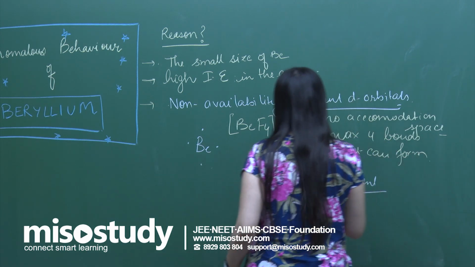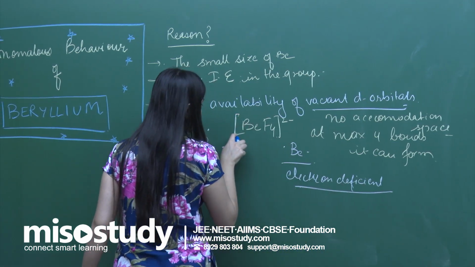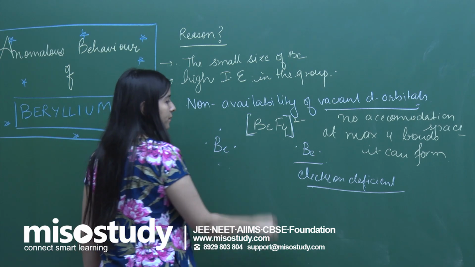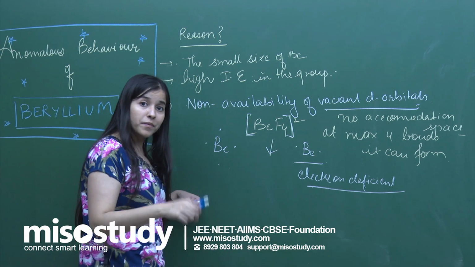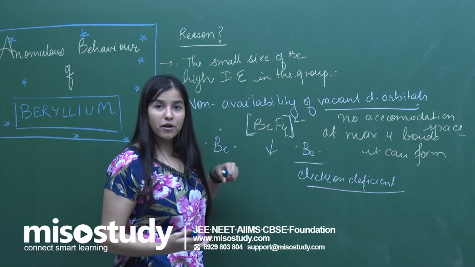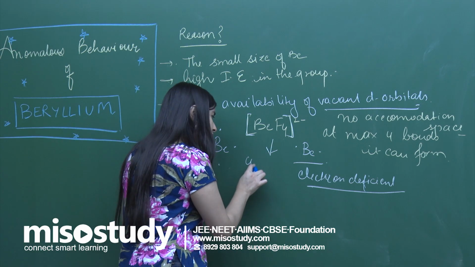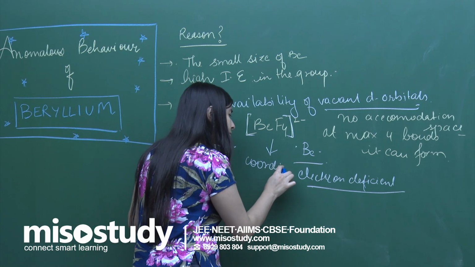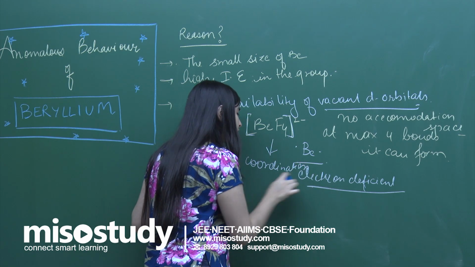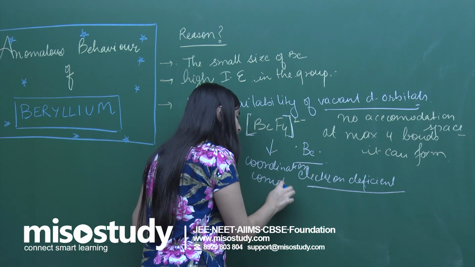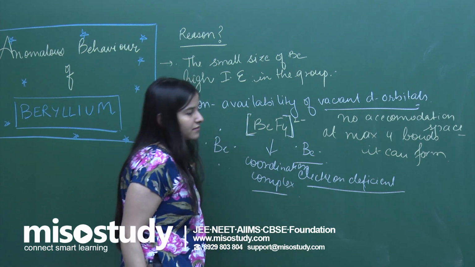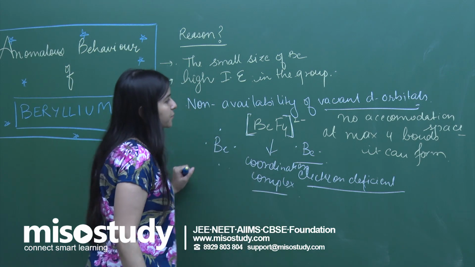Why have I represented this structure in square brackets? It's another kind of complex molecule which is formed, and you will read about it later on in the 12th standard, no need to worry about that. So it's basically a coordination complex. You must be finding this term very new, but yes, this is what it is.